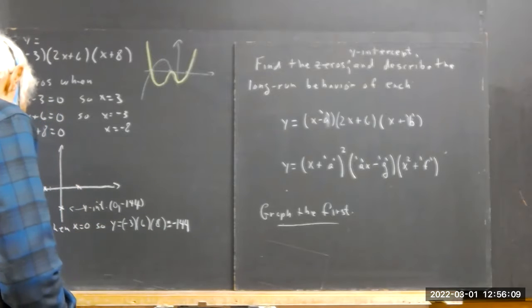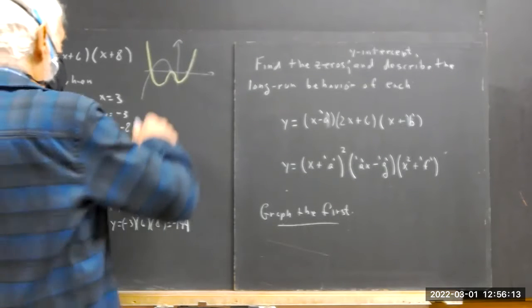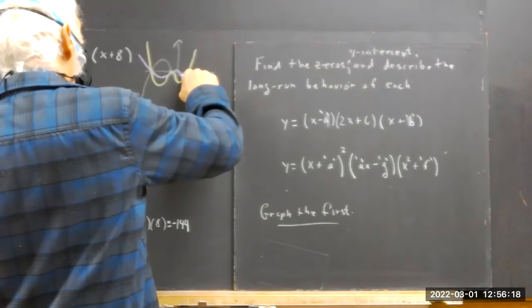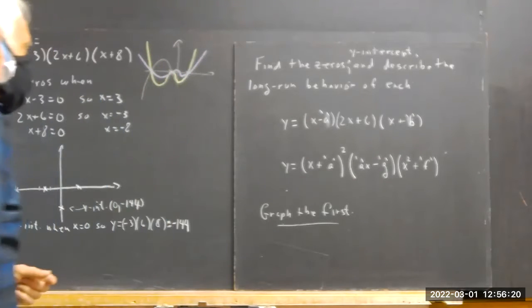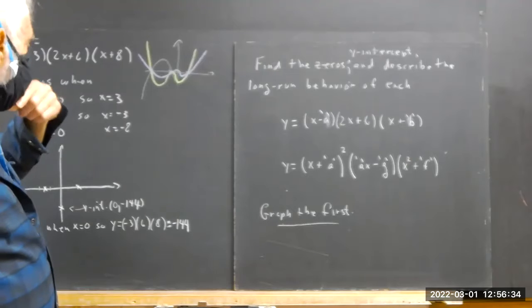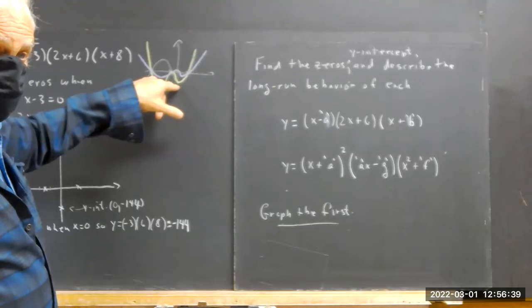Or the graph, maybe it could look like this. Okay. Now, only one of these graphs makes any sense, but you have to see why. All the graphs go through, well, actually, this graph doesn't go through the y-intercept, right?